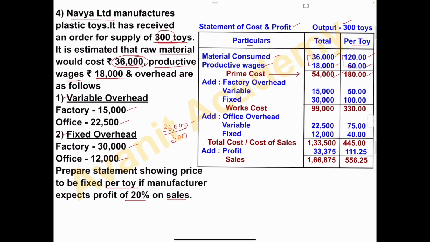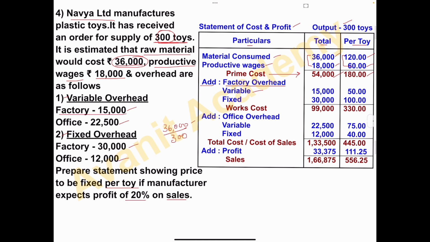After prime cost, we have to take factory overhead. Write here, add factory overhead. In this problem, the overheads are classified into two parts, that is fixed and variable. So first we'll take variable. See in the problem, variable overhead, factory.